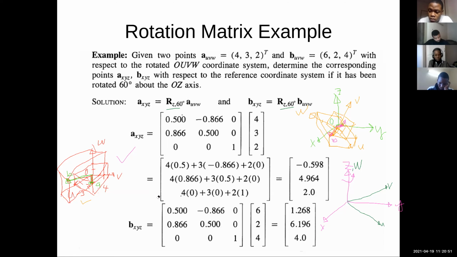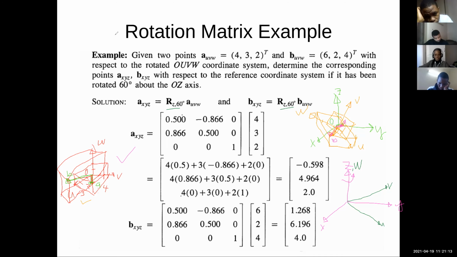Then this is now your A matrix. Any question for the A matrix? So all you need to do is multiply the vector with the corresponding rotation matrix.